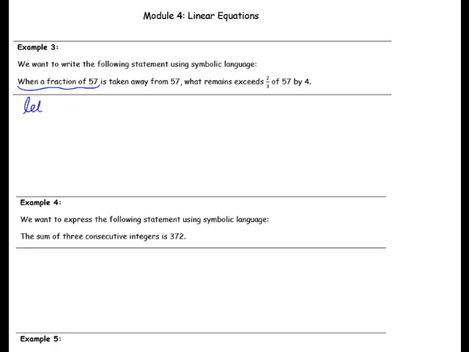Let's let x equal the fraction of 57. So this will be represented by x. Would that be 57 minus x or x minus 57? If it's taken away from 57, then you start with 57.